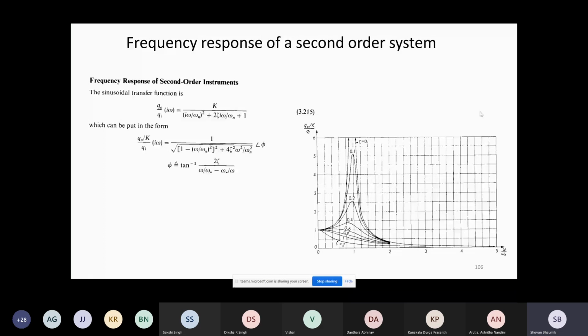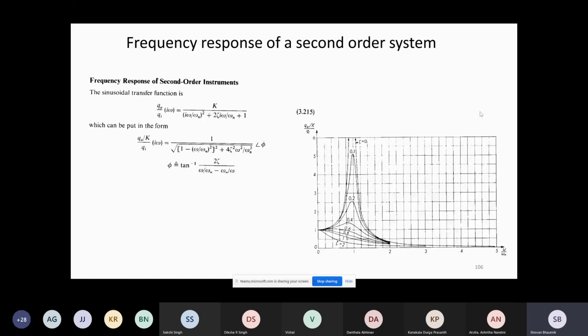If you know the different sinusoids and their frequencies, by reversing it, you can calculate the input sinusoids and input frequency, and you can sum them all to know what the input is. So from the output, you can calculate the input or the measured quantity. That is the main idea.